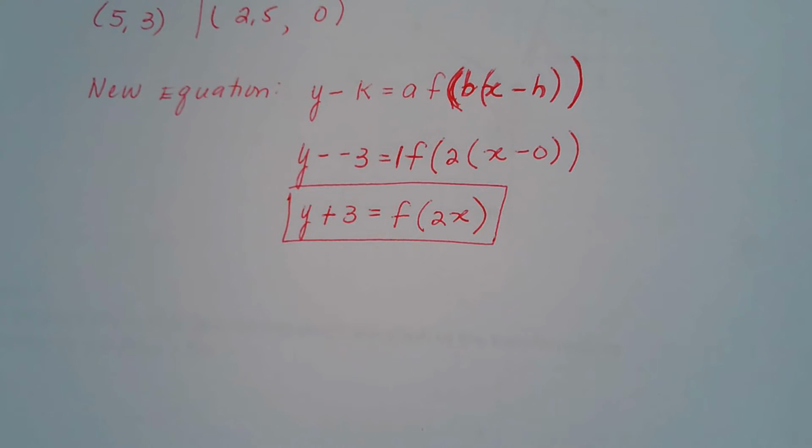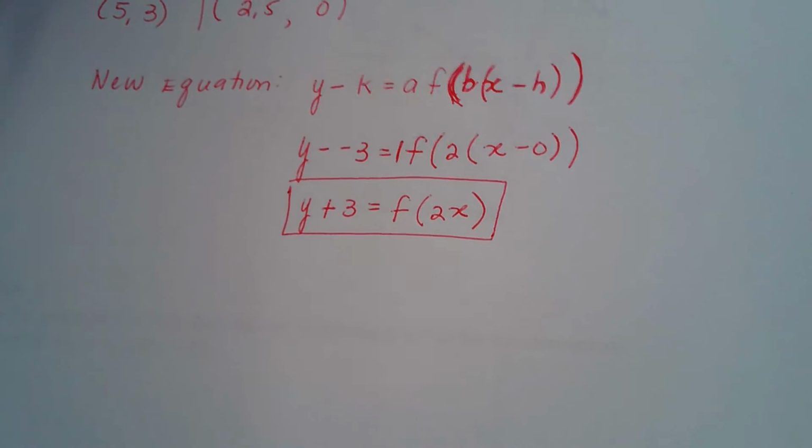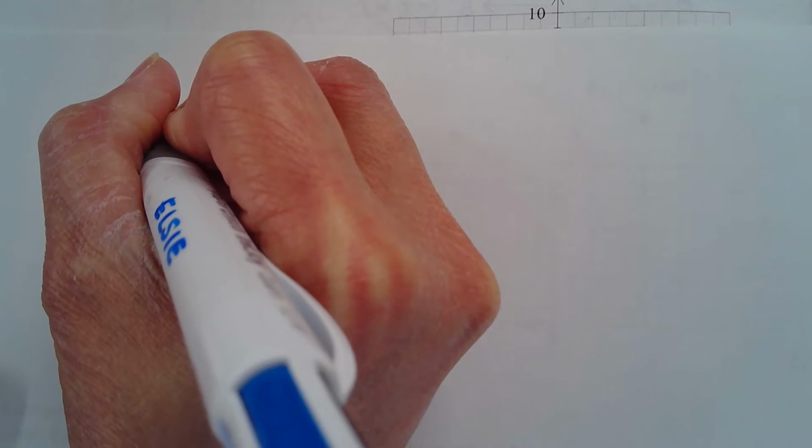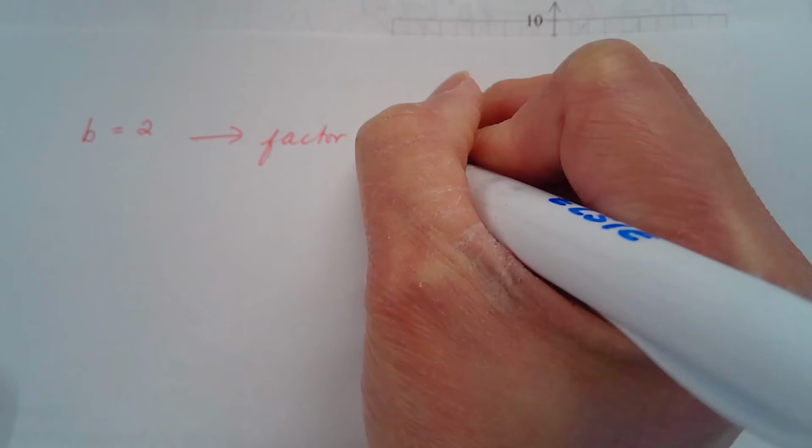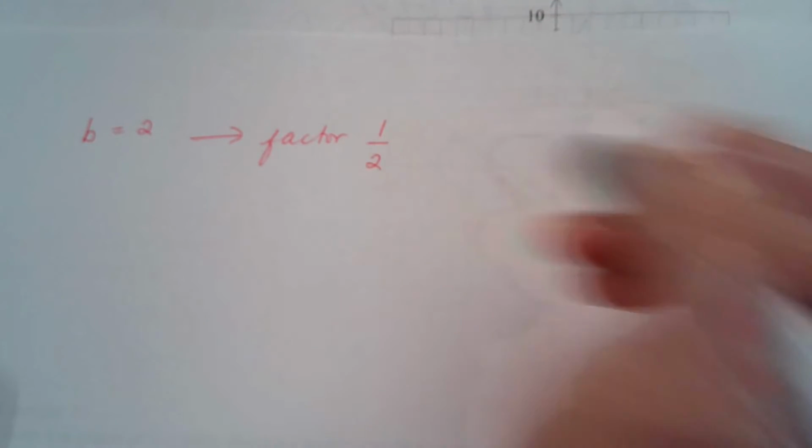Now, I'm going to pause this for a second. I'm actually going to just reset something in here, a review. So let's say b is equal to 2. If b is equal to 2, the factor is 1 over b, which is 1/2.